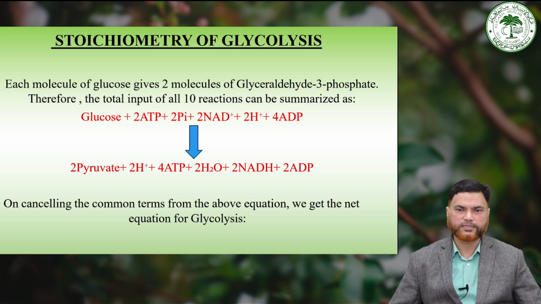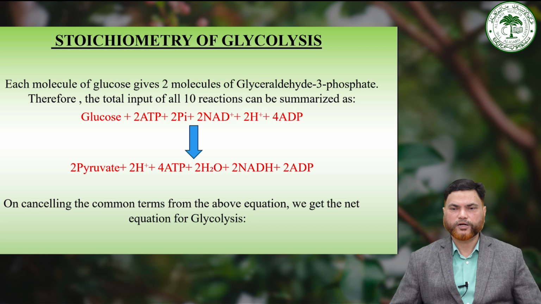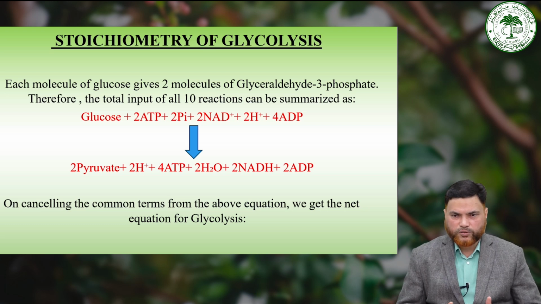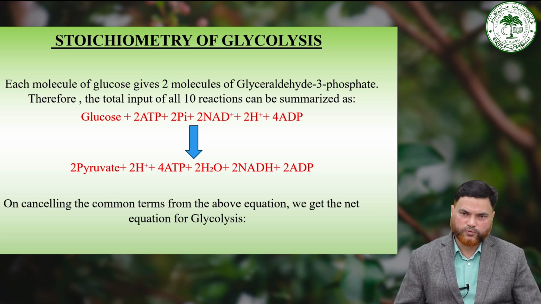As a result, there is a net gain of 2 ATP and 2 NADH in the whole process of glycolysis. However, the number of ATP molecules could vary depending upon the kind of carbohydrates metabolized and also the hydrolysis involved in sucrose or starch. So this is just the overall net gain during the process of glycolysis.